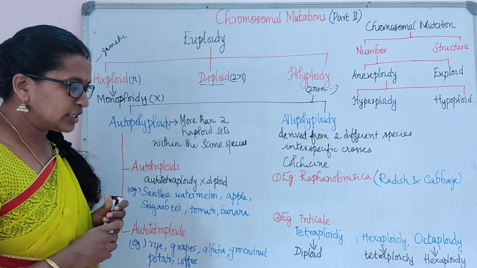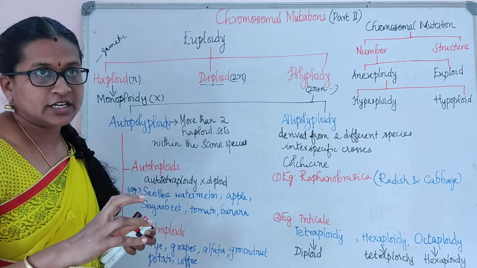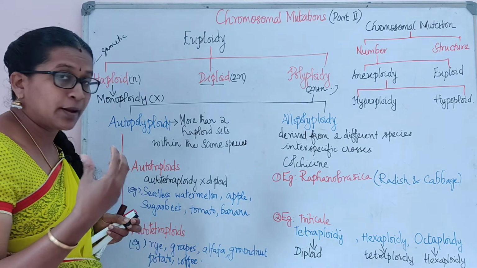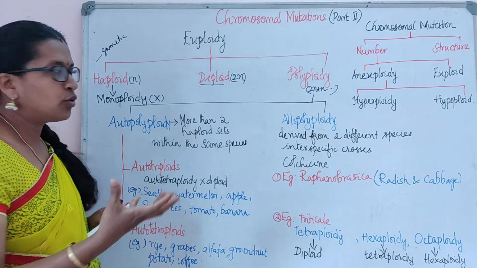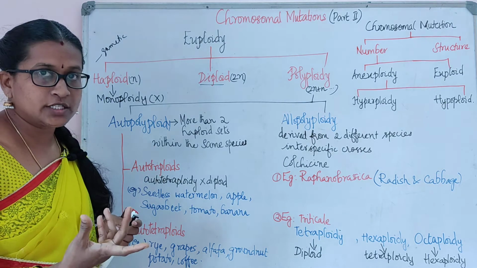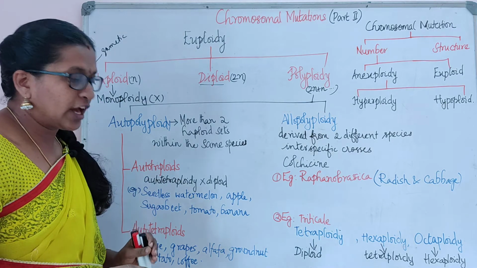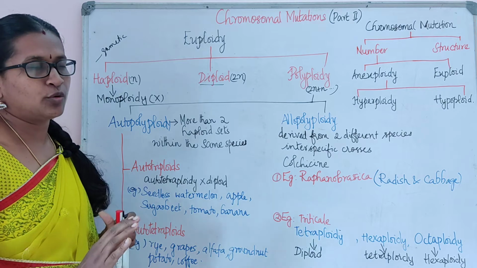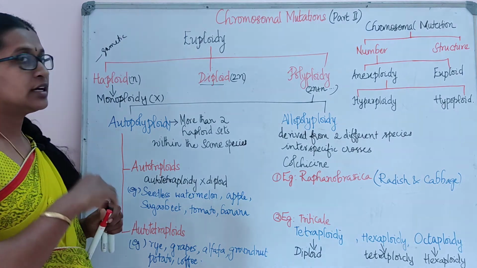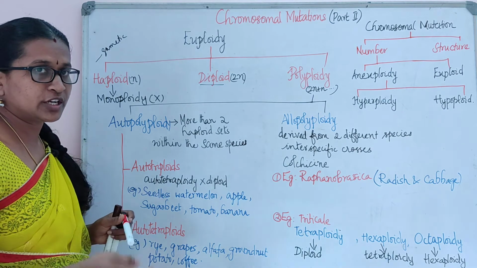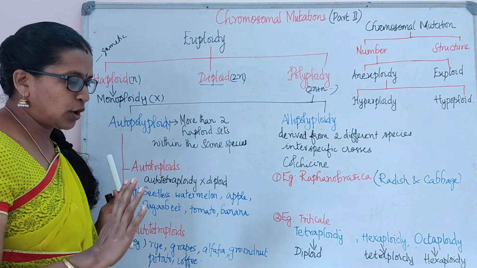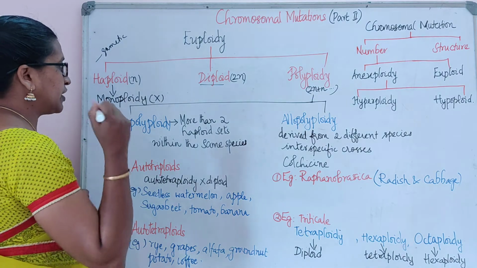One more thing: monoploids can be haploids, but not all haploids can be monoploid, because haploids are natural, from generation to generation. This is very, very important.